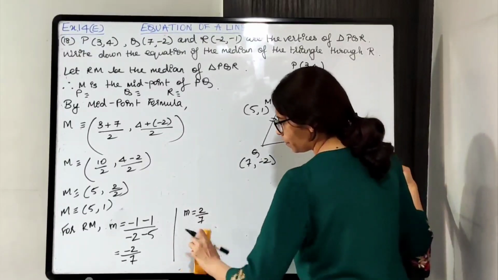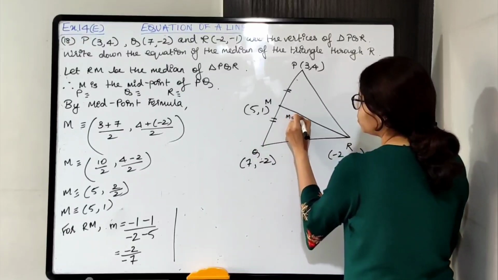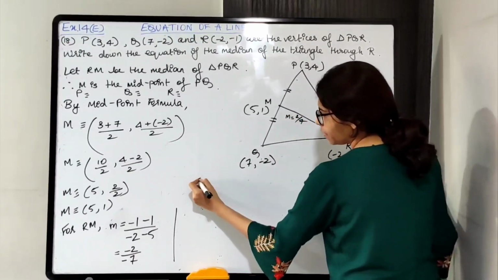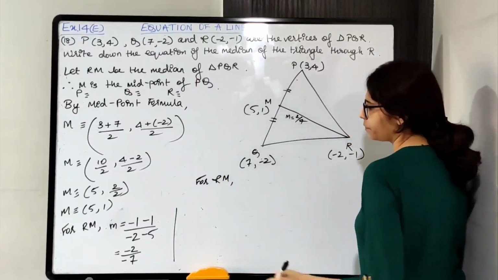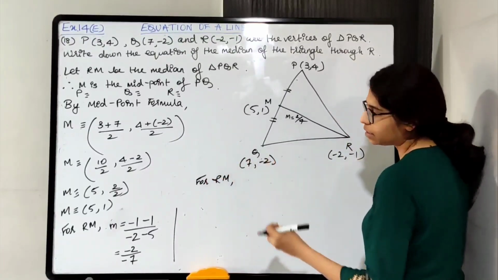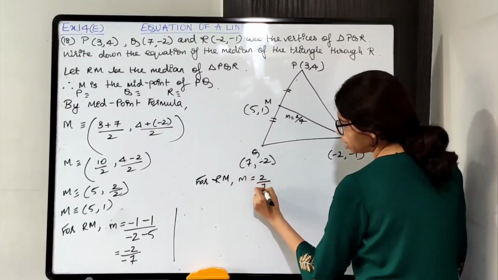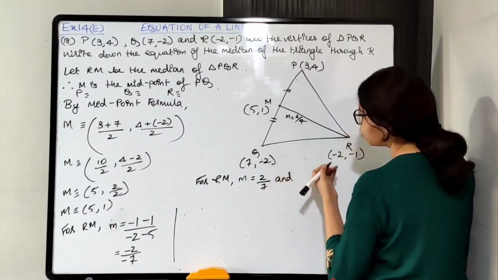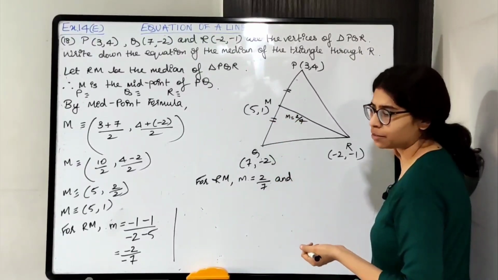I'm writing down over here, m is 2 upon 7 for median RM. Okay, we have the slope, that is 2 upon 7. And the coordinates of R I am taking as x1, y1. You can take M also, it does not matter.